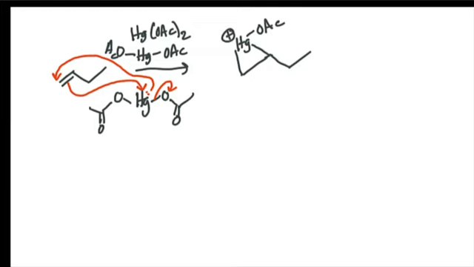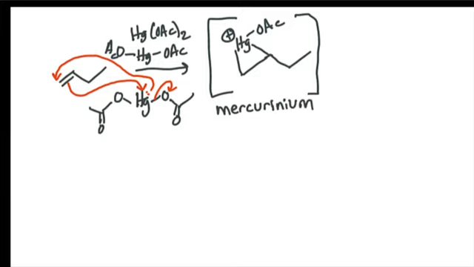Right, and so it's still attached to one of the acetates as well, and the mercury now bears a positive charge, and this is a pretty funky looking intermediate, but it's called a mercurinium. And so notice that we do not form a carbocation here, and so we do not get any carbocation rearrangements. So I'll say no carbocation rearrangements.